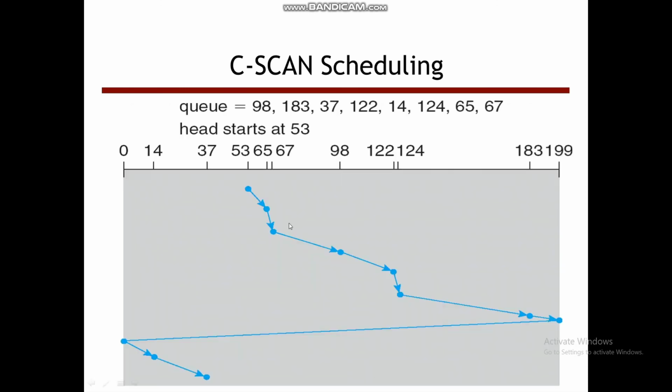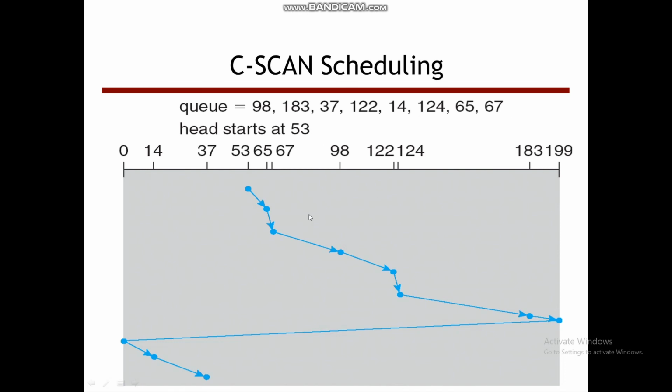It services all requests from one end to the other, and when it reaches the end, it immediately goes back to the beginning. We had seen that the disk has 200 cylinders numbered from 0 to 199. In the FCFS and SSTF algorithms, it was not moving from 0 to 199; only the requested numbers were processed.